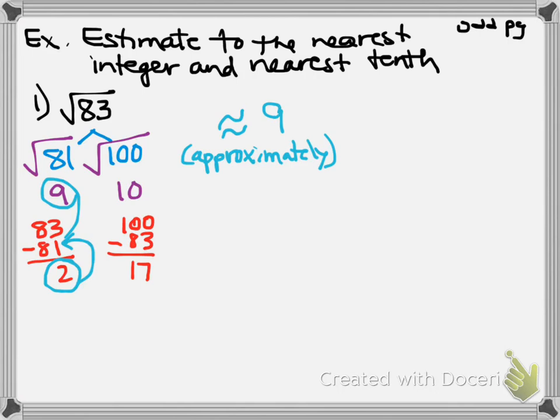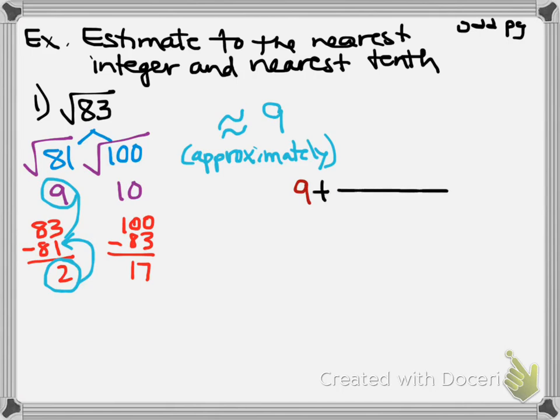Now, to continue on to Mr. Witt's method, what he said to do is take the smaller perfect square's square root. That says go with the 9, which, since my number is between 9 and 10, would be the smallest whole number value in my answer. I couldn't pick 10 because then it would be over 10. Then I'm going to add to it a fraction.